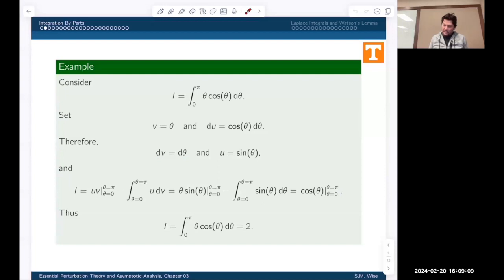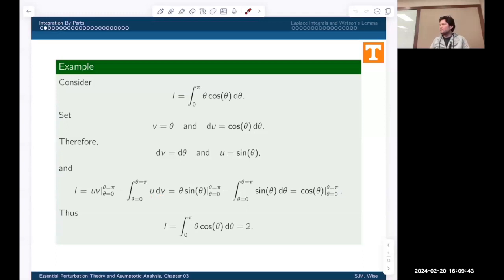If I integrate this differential du one time, then I get u equals sine theta. So I can rewrite my integral as I equals uv evaluated at the endpoints, theta equals pi and theta equals 0, minus the integral from theta equals 0 to theta equals pi of u dv. So I had v du, now it becomes u dv.